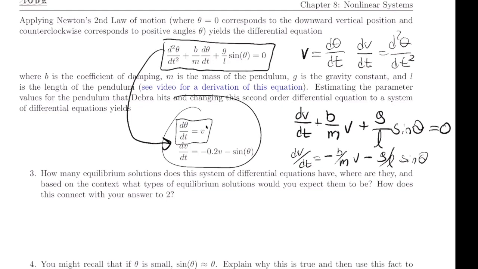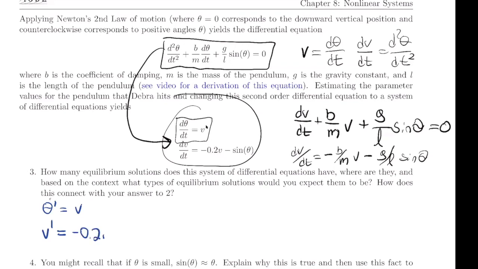Okay, so then let's go ahead and now find the equilibrium mathematically, not intuitively like we did on the previous one. So here we've got a system, and if I want to figure out where the equilibrium are, just for the sake of notation, I'm just going to use primes instead of d dts. And so if I want to find equilibrium for a system like this, what is it that we would need to do?